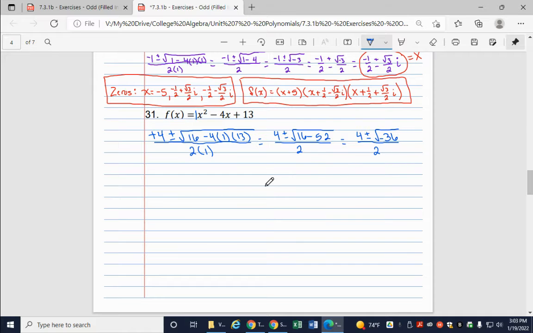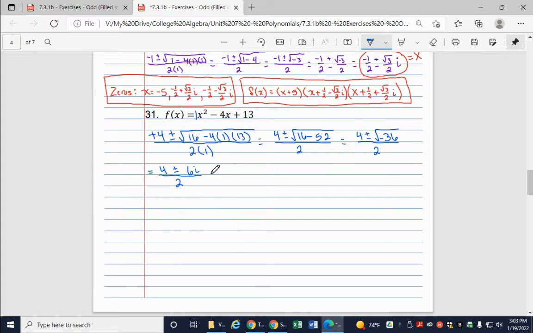Negative. So this is going to become, when I separate it, well, we can wait to separate it. 4 plus or minus the square root of negative 36. What's the square root of 36? 6, but it's really 6i because it's a negative 36.